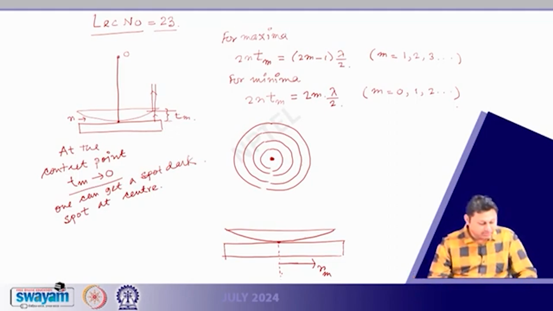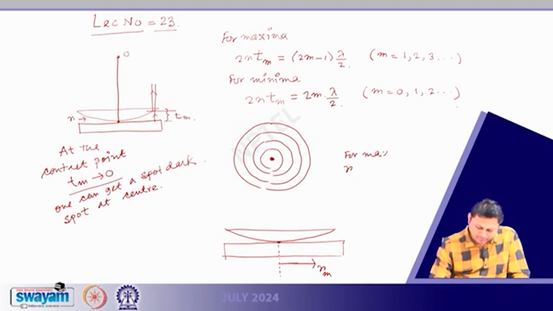Then we calculated that Rm for maxima was root over 2 R Tm. We figured that out in the last class.